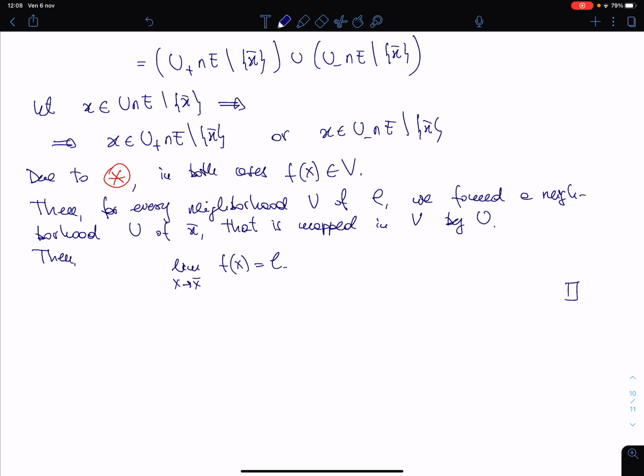And this theorem contains the answer to our question. So in order to decide that L is a limit of a function for x going to x bar, is it sufficient to show that both the right and left limit share the same value L?